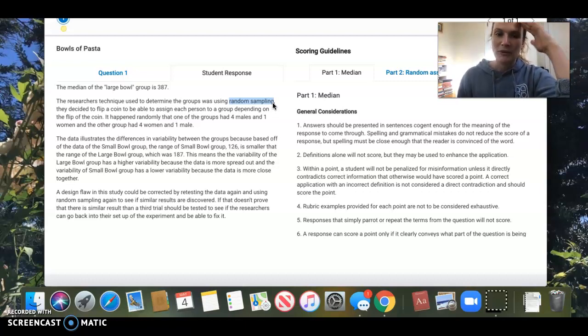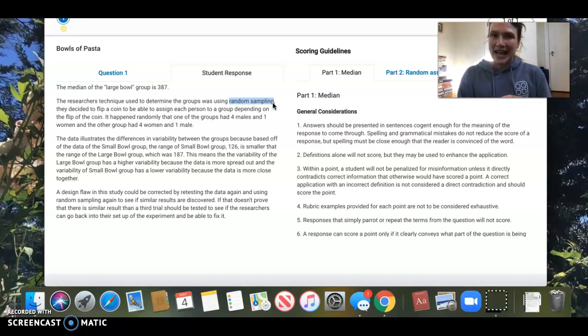Random selection would be going into the population, so going into a larger city or larger university, and randomly selecting participants to participate in the study. So I'd be handing out flyers, or sending people emails, trying to recruit people to come participate in my study. That would be random selection. So it's like you're selecting your sample from the larger population, your random sample that you're going to experiment on.